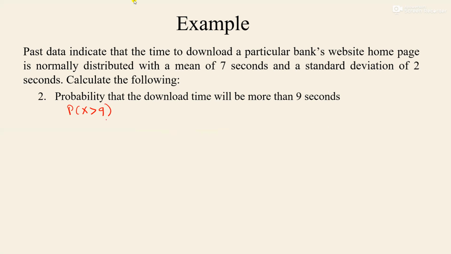In the previous part, we calculated the probability of X less than 9, which from part 1 is 84.13.